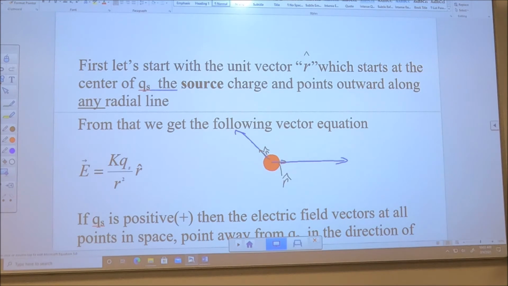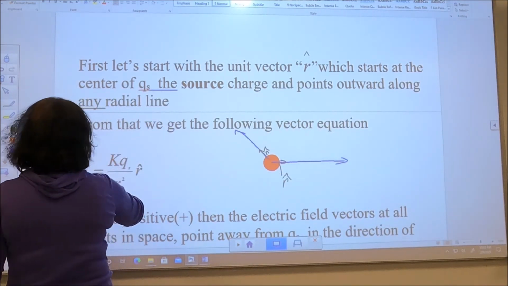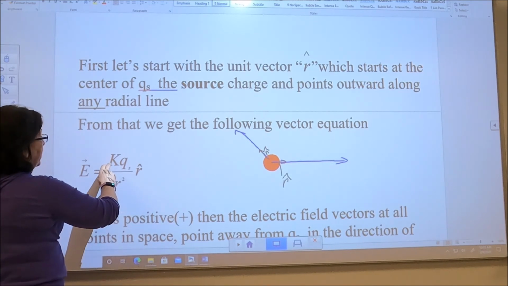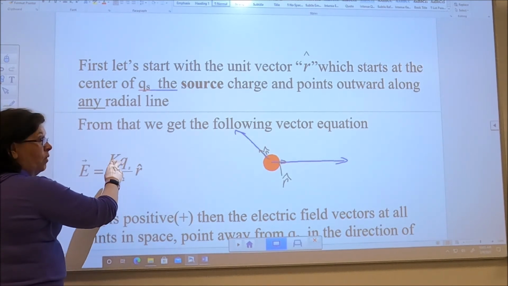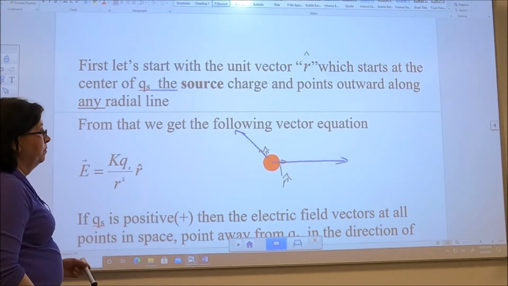So we can say the following. The electric field as a vector quantity is equal to K QS, where that's the charge on the source particle, over R squared, times R hat.